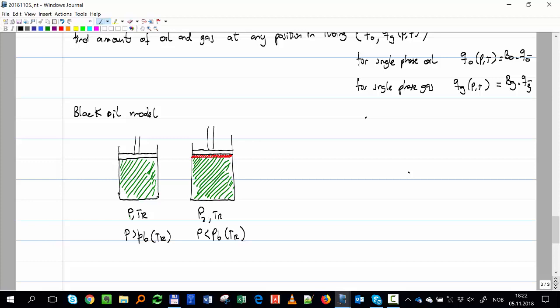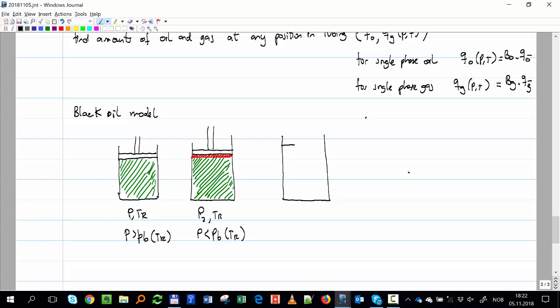What will happen if I continue pulling it up to reduce the pressure? The amount of gas will start to increase and the amount of oil will start to decrease.